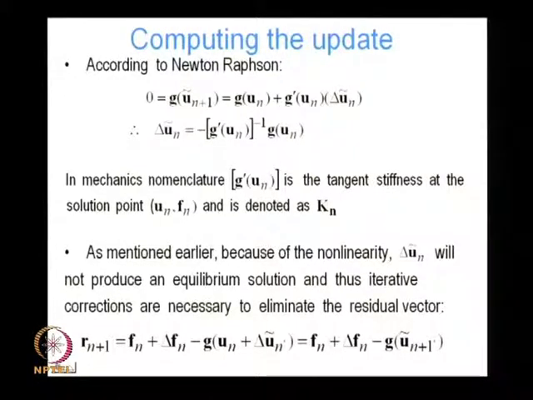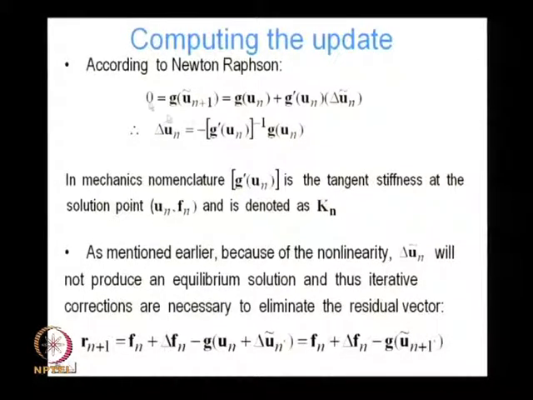I have a certain solution, I know u n and f n. I approximate my true solution by assuming that it is a straight line, with a slope given by the known tangent at u n, f n. And when that straight line intersects the x axis, the abscissa, that gives me my update.